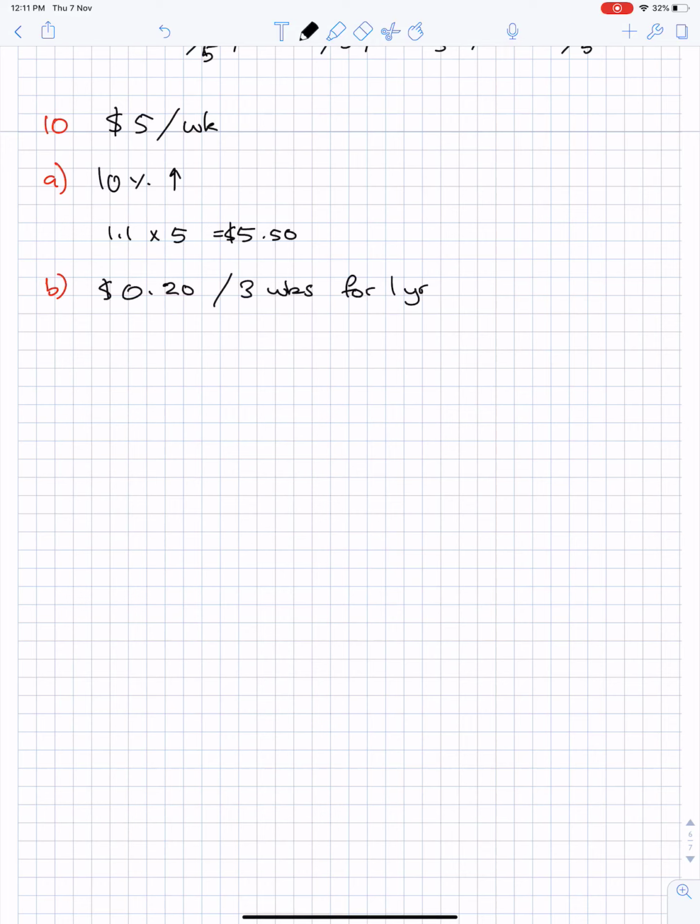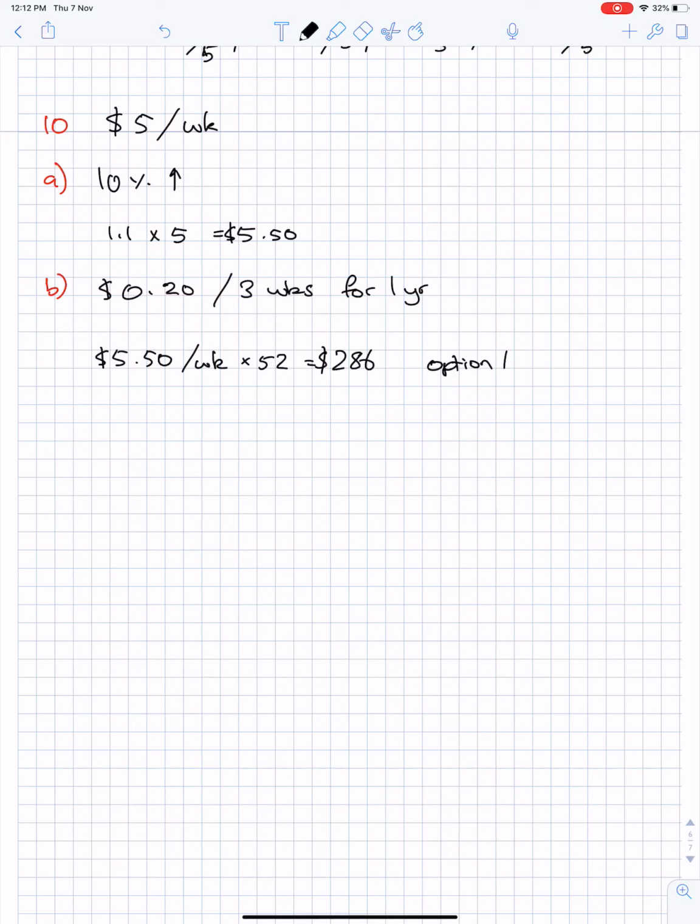The original option was $5.50 per week. So in 1 year, which has 52 weeks, he would make a total of $286, right? So that's option 1.